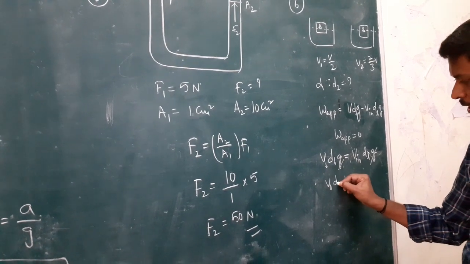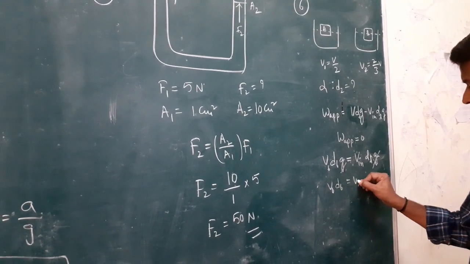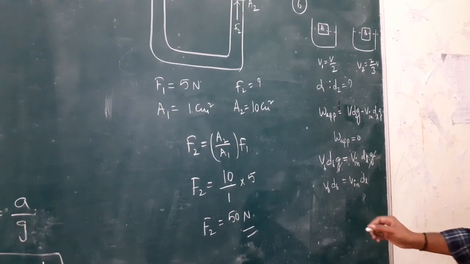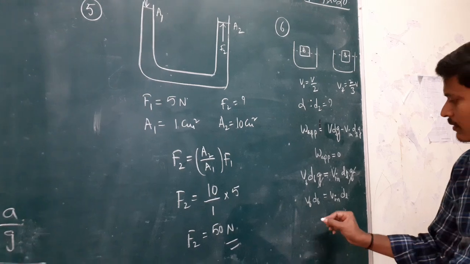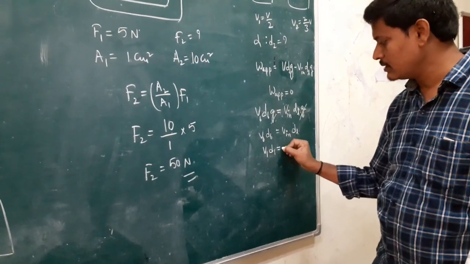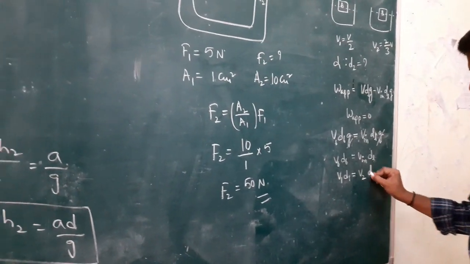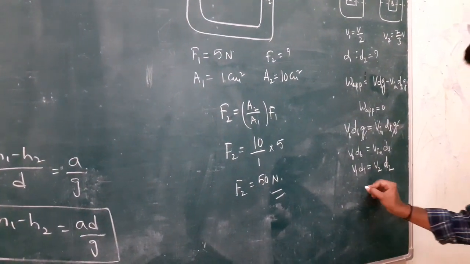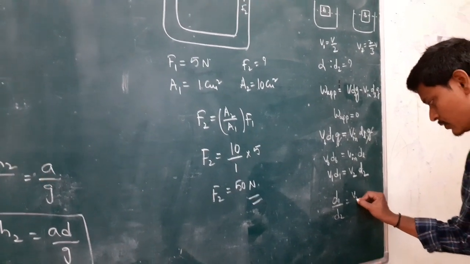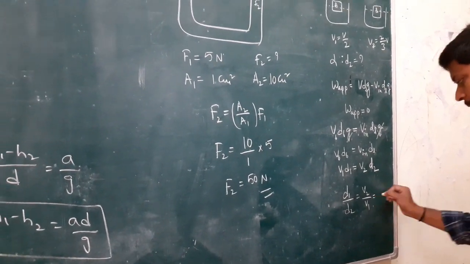Volume of body V into density of body is equal to volume of body inside the liquid into density of the liquid. So V1 D1 is equal to V2 D2. Actually D1 by D2 is equal to V2 divided by V1.